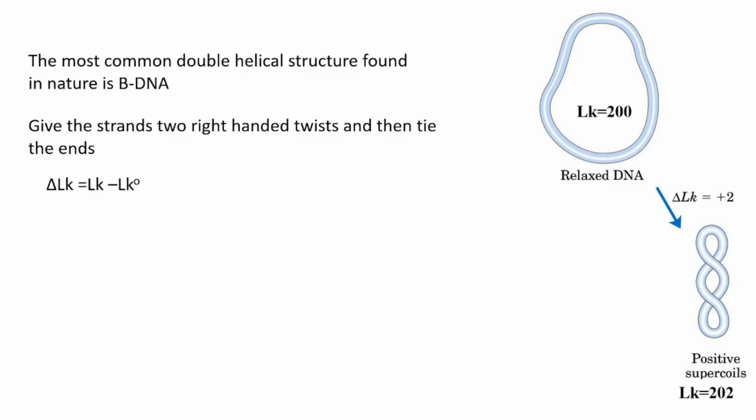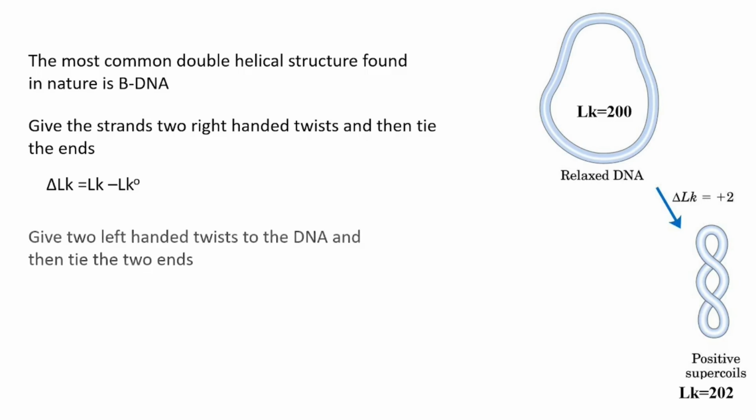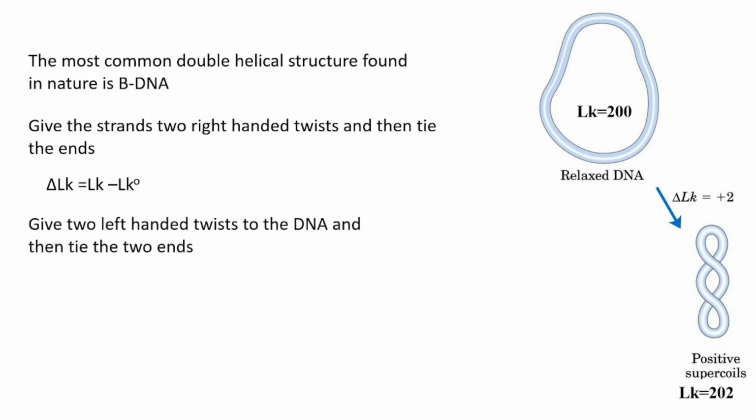On the other hand, if we give two left-handed twists to the DNA and then tie the two ends, the linking number becomes 198. The linking difference here is 198 minus 200, that is minus 2. The number of base pairs per helical turn have now increased and the DNA is said to be underwound.